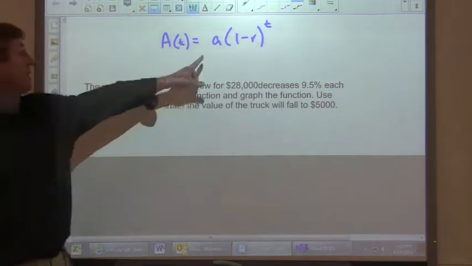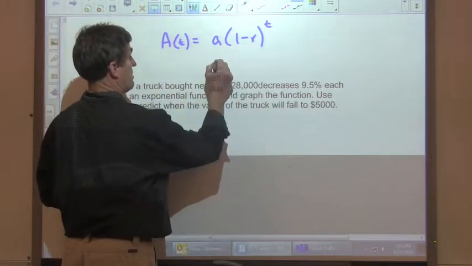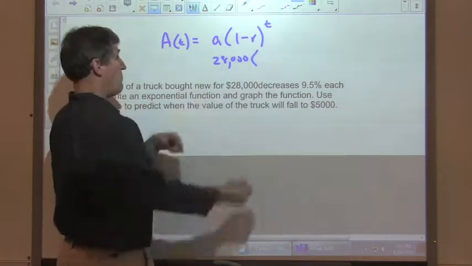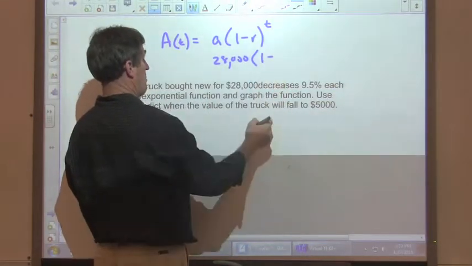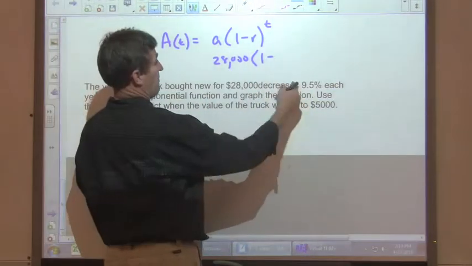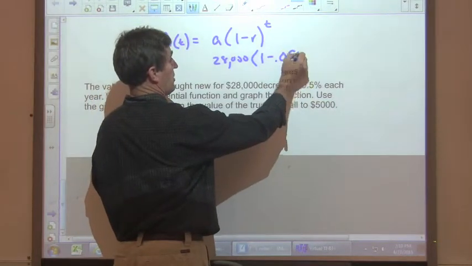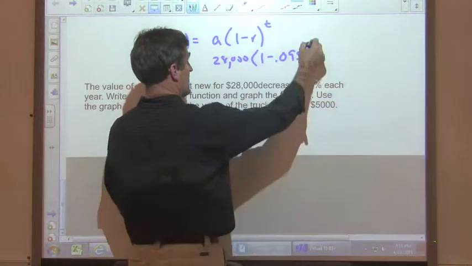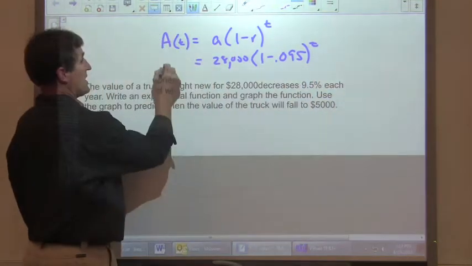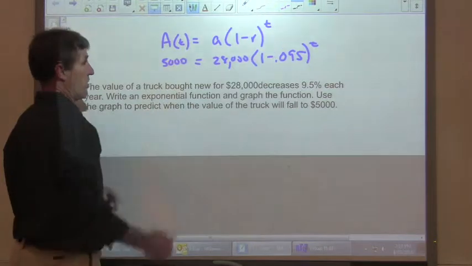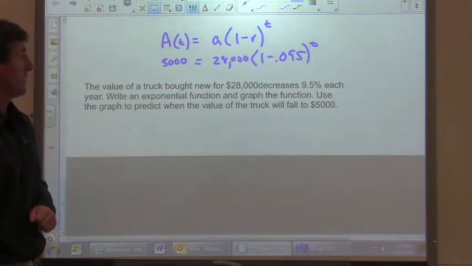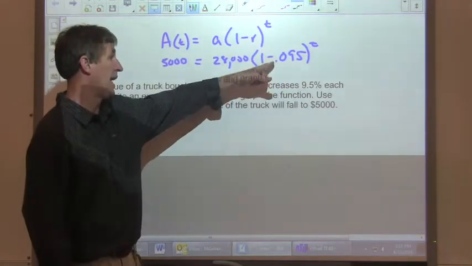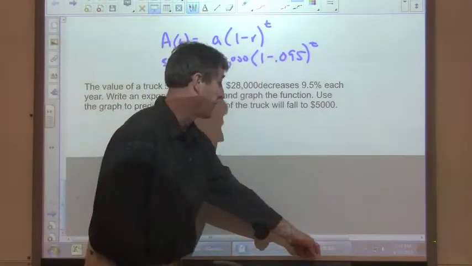So in this case, our initial amount is the 28,000, times 1 minus, remember it's 9.5%, so you have to move the decimal 2 places to the left, to get 0.095, to the t, and we want to know when is that going to get to $5,000. Okay? So you don't even have to subtract this.